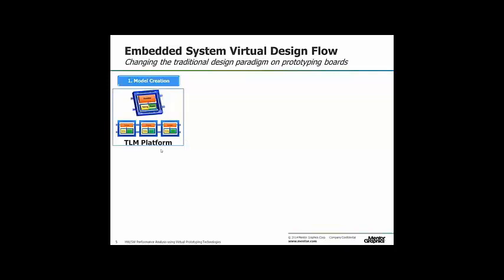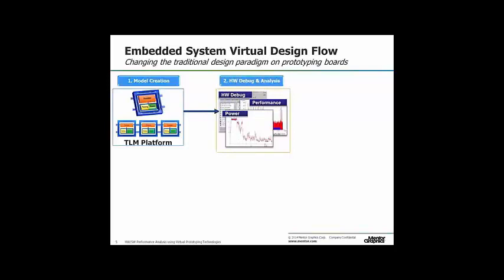The hardware group normally focuses on building models of custom peripherals that are built in-house, and along with those, using third-party models, a platform can be assembled which can then be used to debug the hardware and get performance and power analysis from it, and also to debug the platform at this early stage.